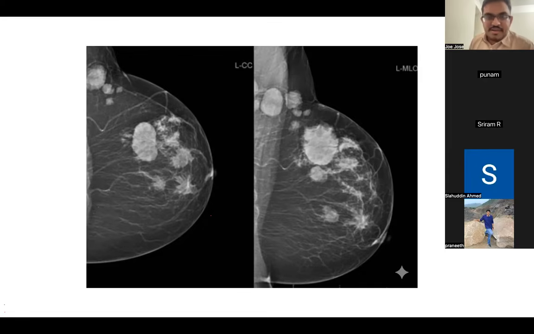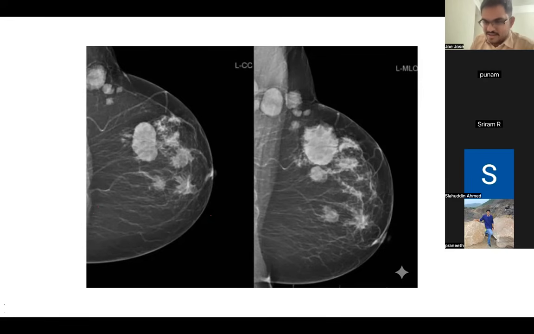Localize by first looking at the mediolateral view. If it is located above, as you can see here, it is in one of the upper quadrants. In craniocaudal view, if it is located above, it is lateral. If it is below, it is medial. So based on mediolateral, it is in the upper quadrants, and based on craniocaudal, since it's located above, it is outer. So it is located in the upper outer quadrant.